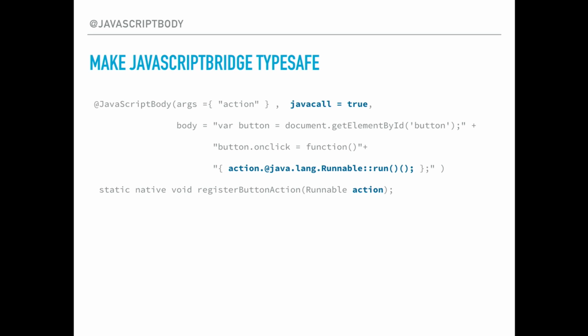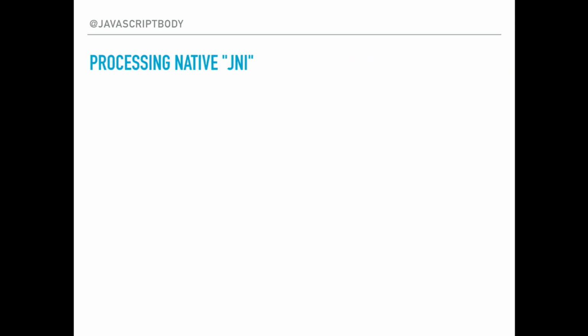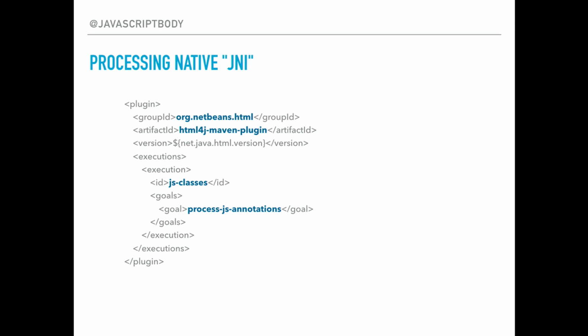And here we registered the button onclick listener, the function, which in turn calls a Java function. And so the magic that is happening is actually through a Maven plugin. This Maven plugin, if you add it to your application, is looking for these JavaScriptBody annotations and is processing these annotations to make these native JNI-style calls really work.